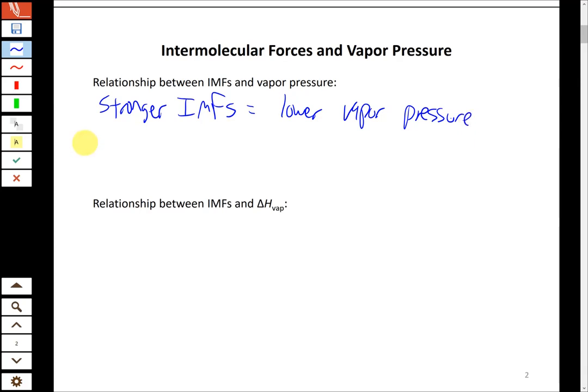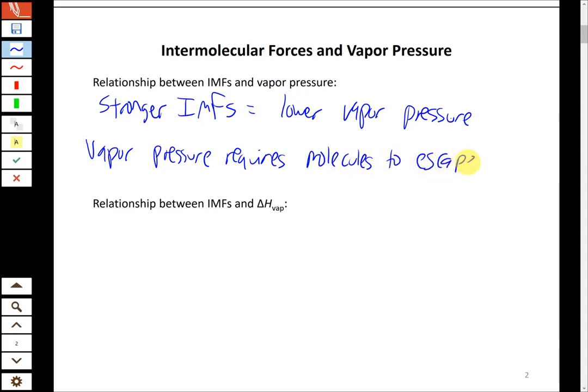Again, just to briefly state the reason why, it's because vapor pressure requires molecules to escape the surface, and fewer of those will do that if the IMFs are stronger. Okay. So a nonpolar substance which only has London dispersion forces would typically have higher vapor pressure than something that's polar or has hydrogen bonding like water.